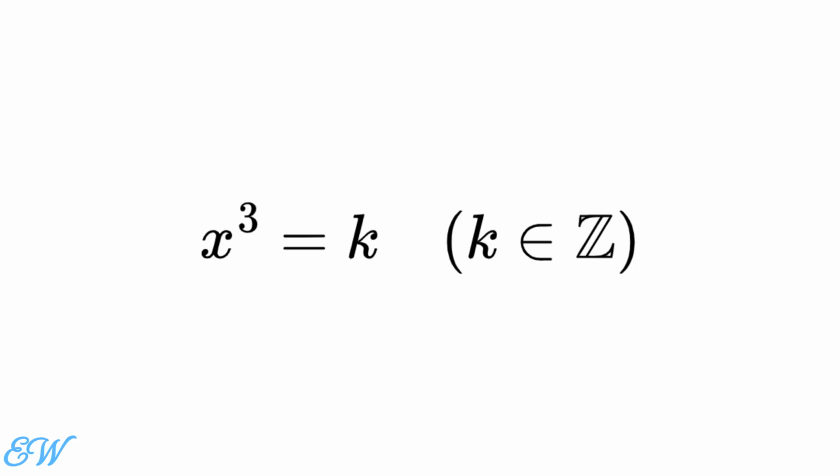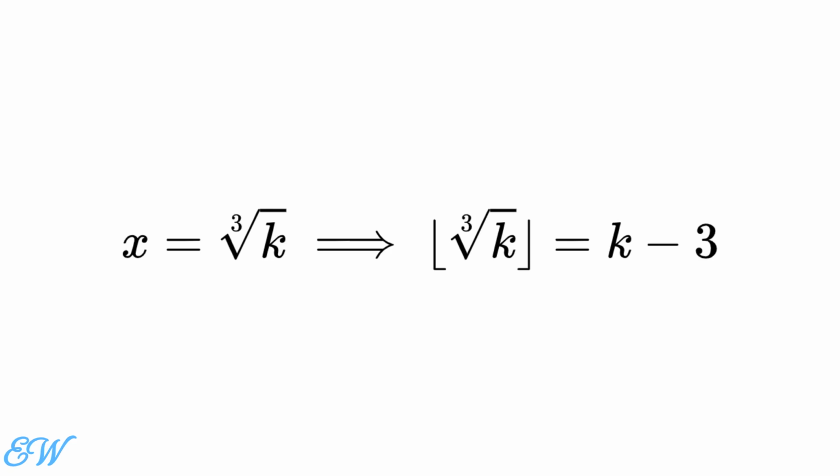So it just means k is an integer. Now we can simplify that equation, and we get that x is equal to the cube root of k. This implies that the floor of the cube root of k is equal to k minus 3. We get this from the rearranged equation we made a little bit ago.